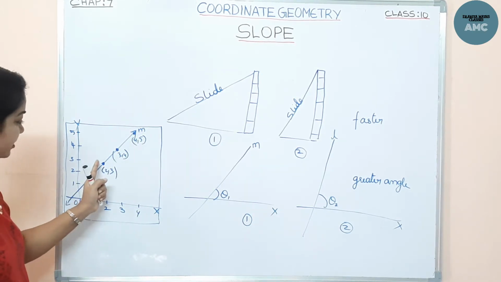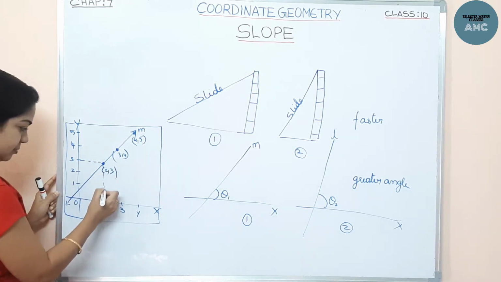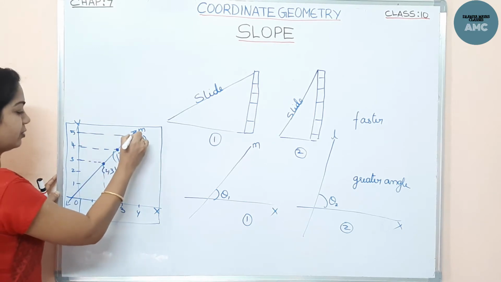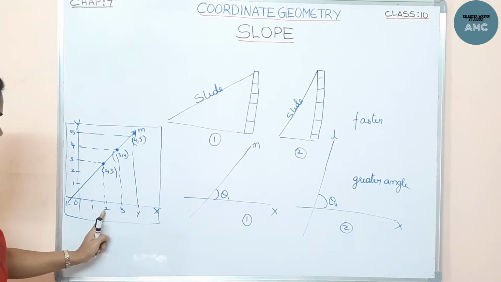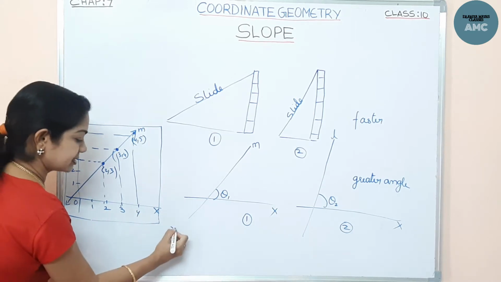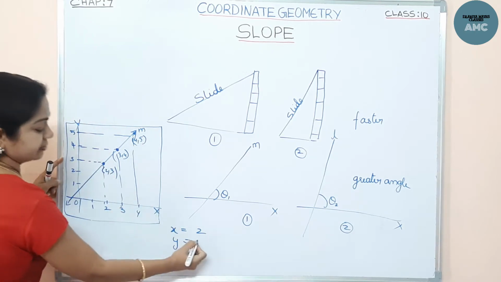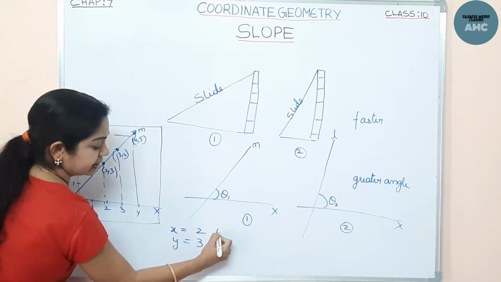In that straight line, these points have x and y coordinates like this. When the x coordinate is 2, the y coordinate is 3, isn't it? Now when x is 3, the y coordinate is 4.